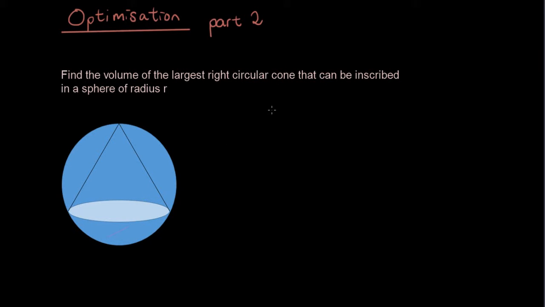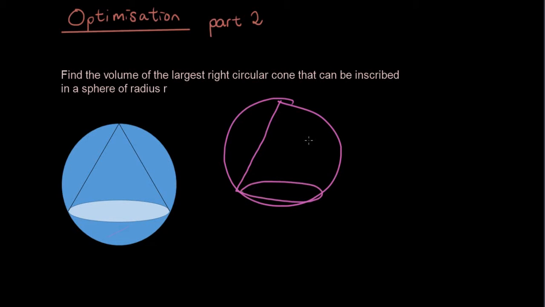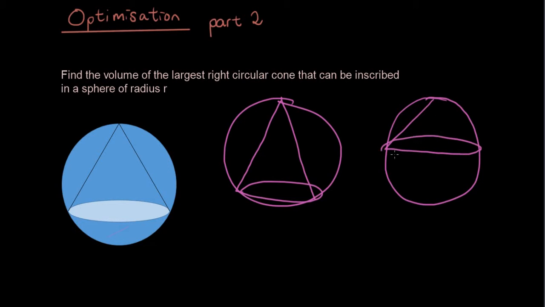We're saying if we had a cone of this high, will it have a bigger volume than a cone that is, for example, this high? Which of these cones will have a bigger volume? So the radius of the sphere is not the variable here. The variable is the height of the cone.